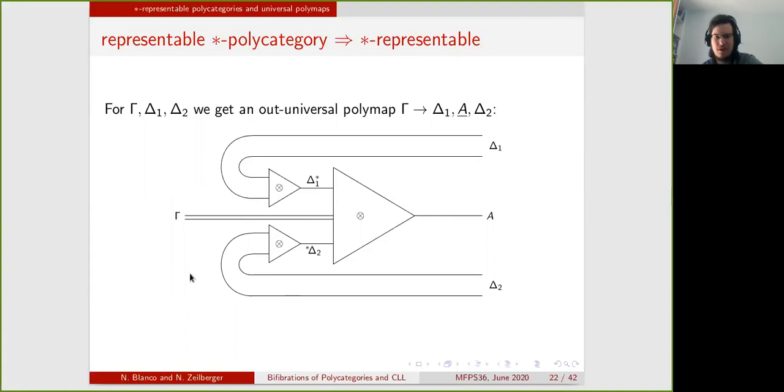And then we take all the inputs and we tensor them to get a final object. And so this object will come with this out universal polymap. We can do something similar for in universal by flipping, so exchanging inputs and outputs, and replacing all the tensors by pairs. And so the cup will be flipped and we get cap instead.